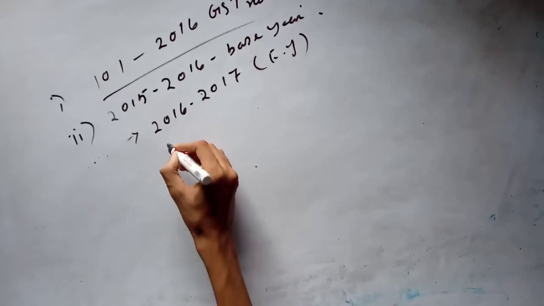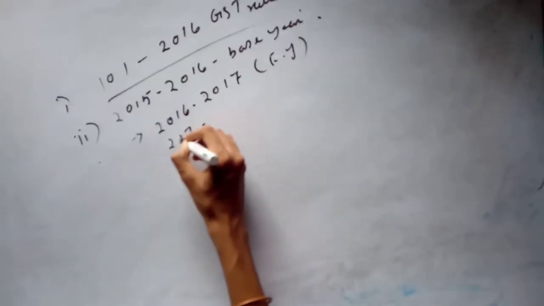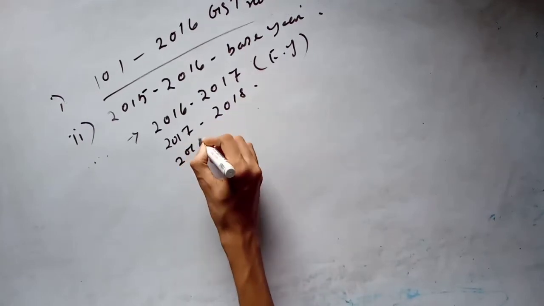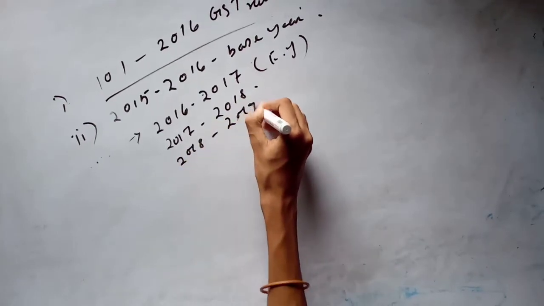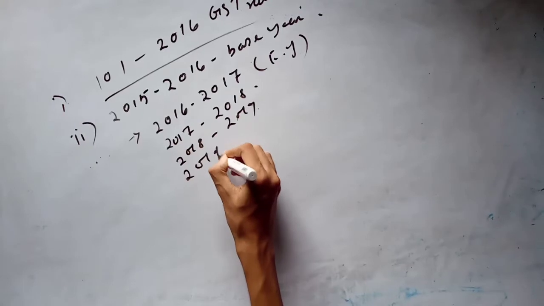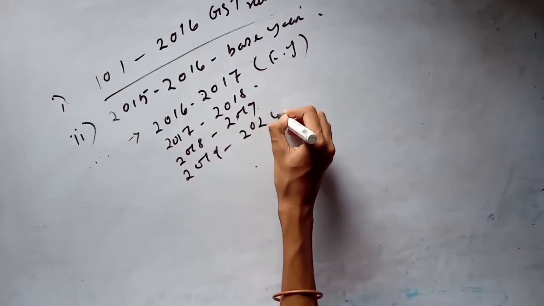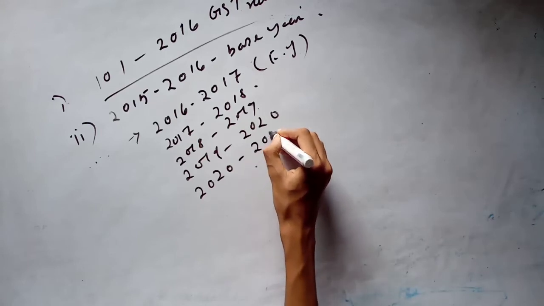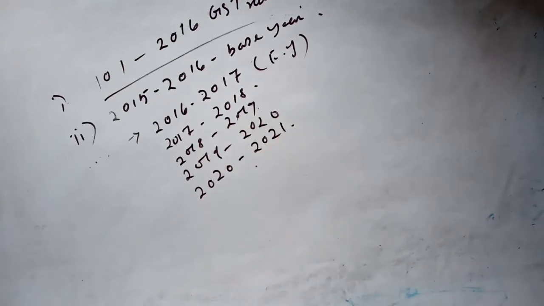So the next 5 years are 2017-2018, 2018-2019, 2019-2020, and the last is 2020 to 2021.